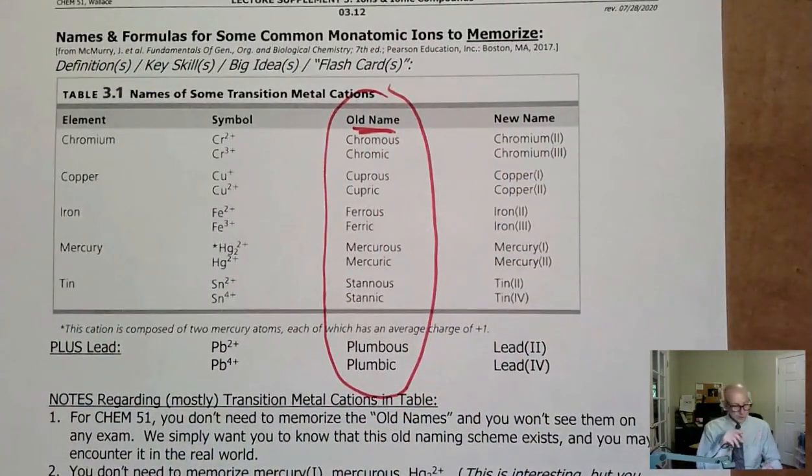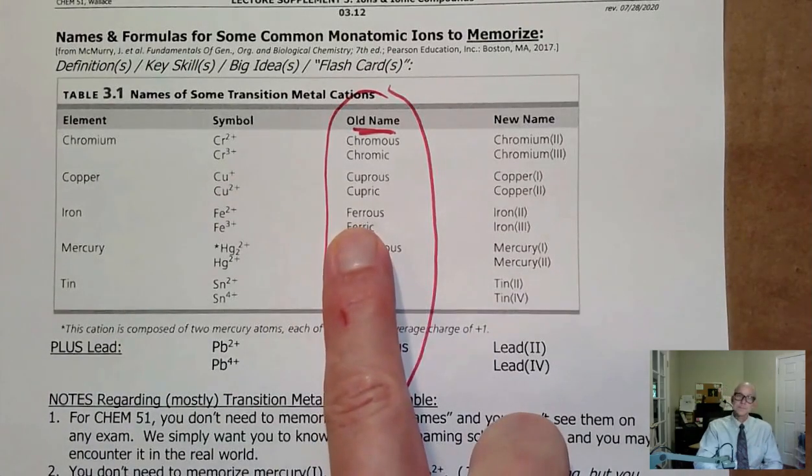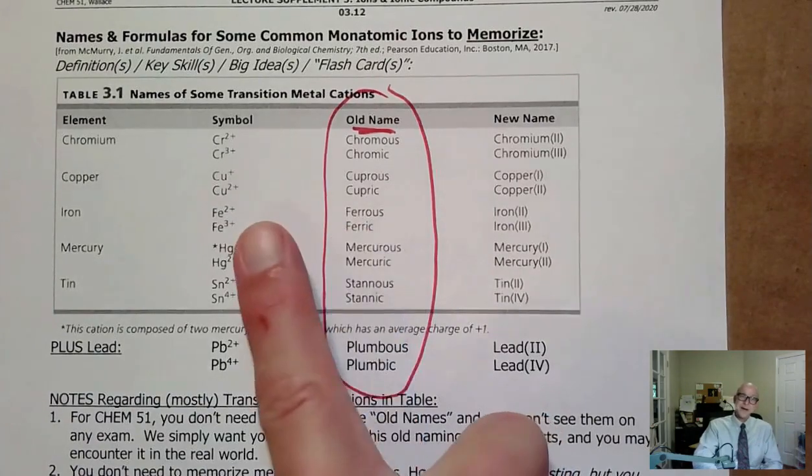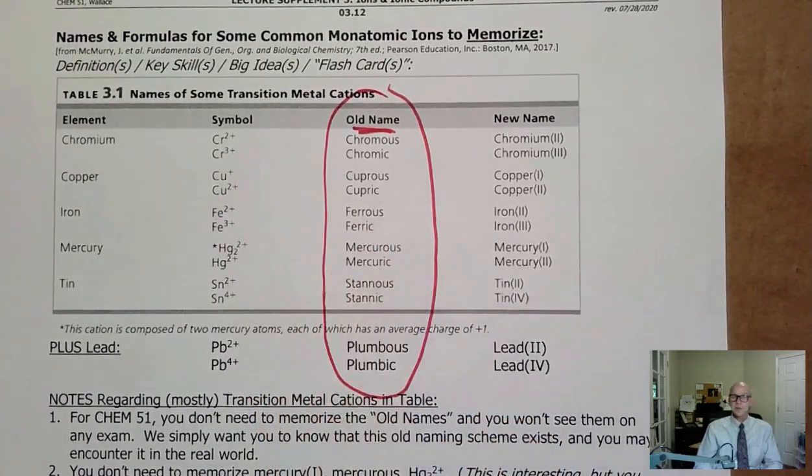If you're a nurse or nutrition and somebody says the patient needs iron supplement, and you go looking in the stock room, the pharmacy, or whatever for iron, it's not going to say iron. I think it's going to say ferrous sulfate.